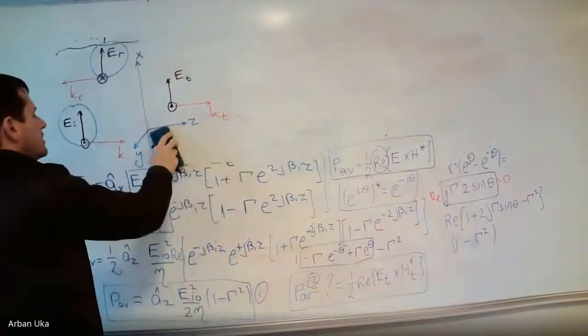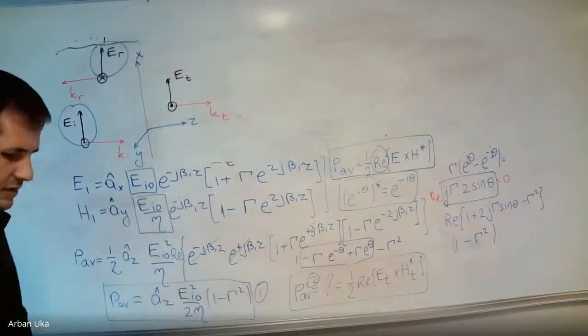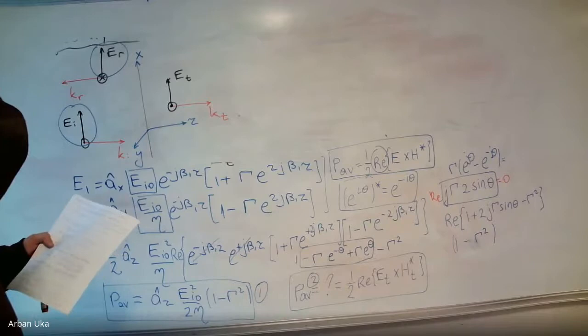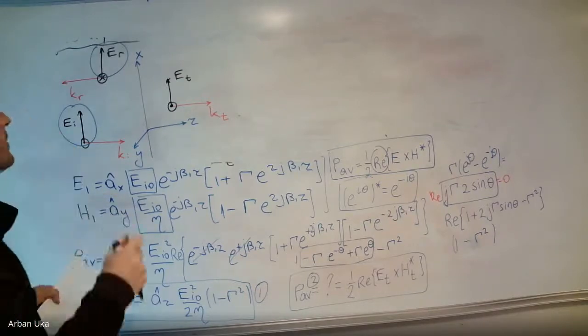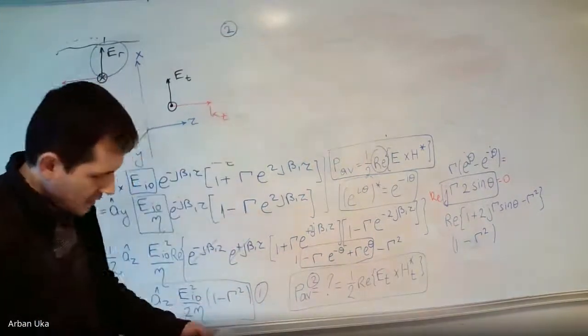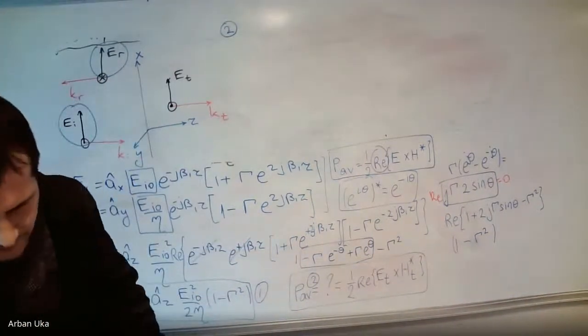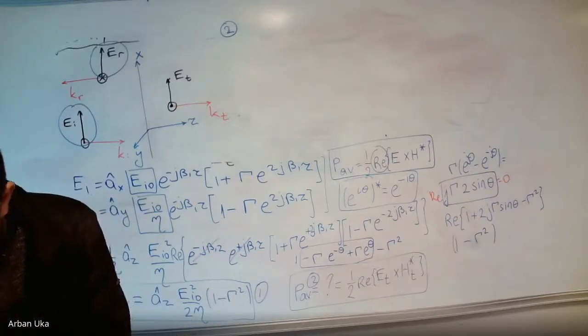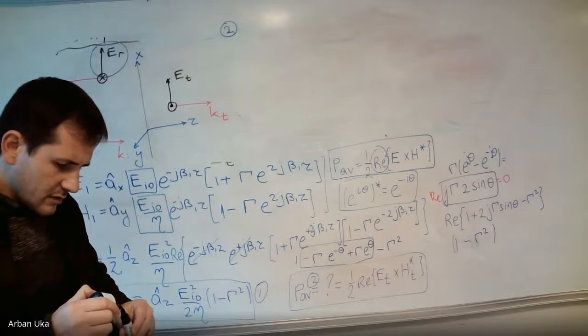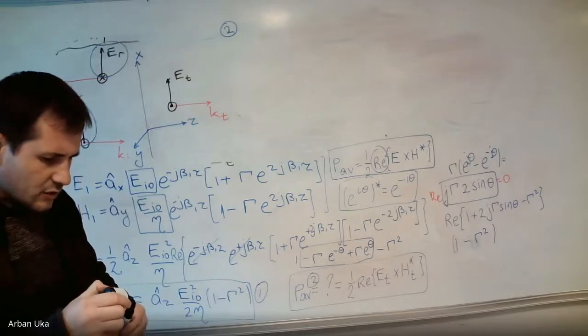We also know this, okay? So here we have H1, and now in medium 2, it should be easy for us because we just need to write the phasors.